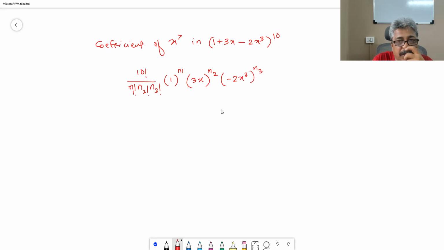This is our general term in binomial expansion, such that n1 plus n2 plus n3 is equal to 10.